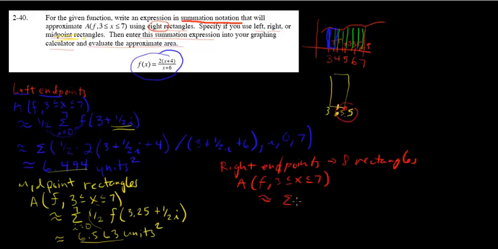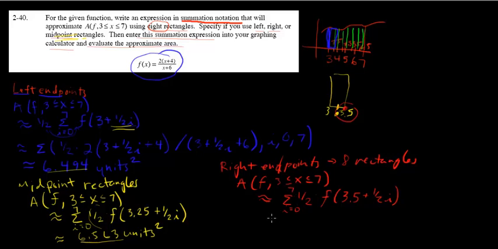We plug that into our function, so it's 1/2 times our function at 3.5 plus 1/2 i, starting at i equals 0 to 7, and there you go.